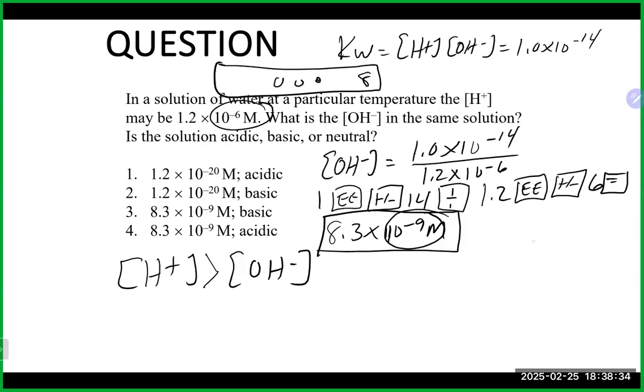And that is for this reason: 1.2 times 10 to the minus 6 means going 6 places that way and putting zeros. 8.3 times 10 to the minus 9 means I'm going 9 places that way and putting zeros, which is going to make it a much smaller number. So when you're comparing negative exponents, the smaller negative exponent is actually the larger number of the two. Question on that one there. So that would be 4. Looks like a winner on that one.